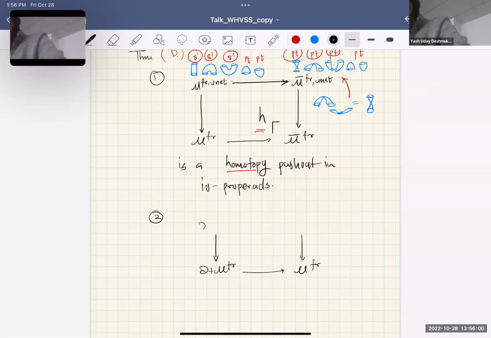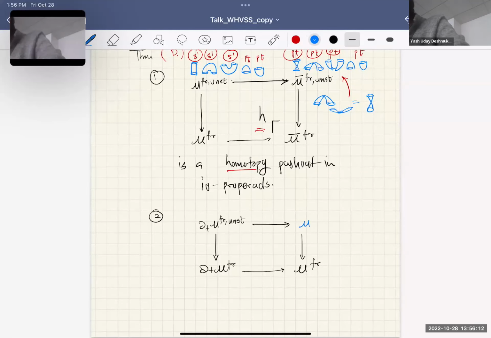And the way you do it is you again consider the subproperad of surfaces in the unstable range, and then you push out to some new subproperad. So let me write the surfaces which are included here. So here you have all the annuli.